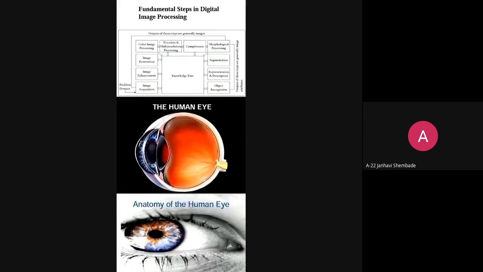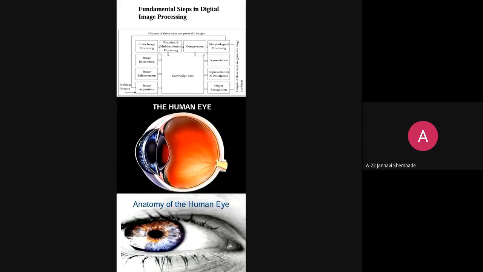As we studied the various fundamental steps in image processing, we'll give a small review of each step. There are basic 10 steps that are called the fundamental steps of image processing. Each step has its unique advantage and unique function. The first one is image acquisition.